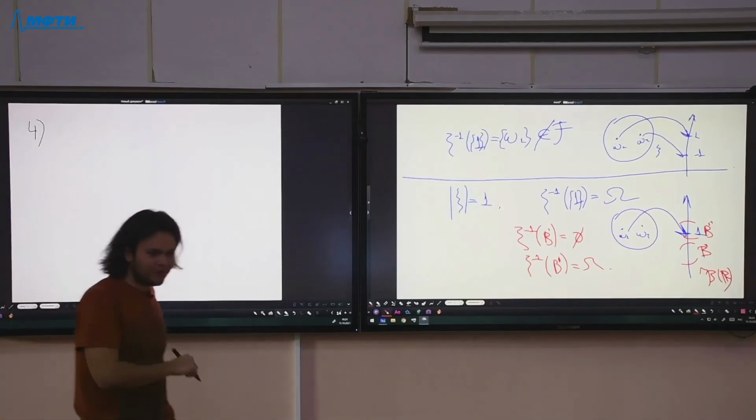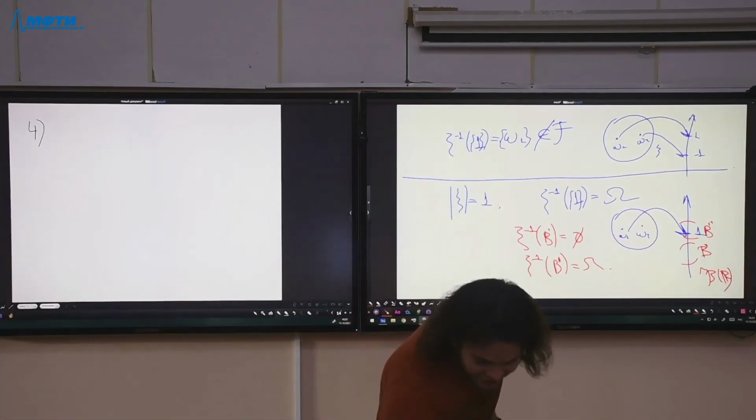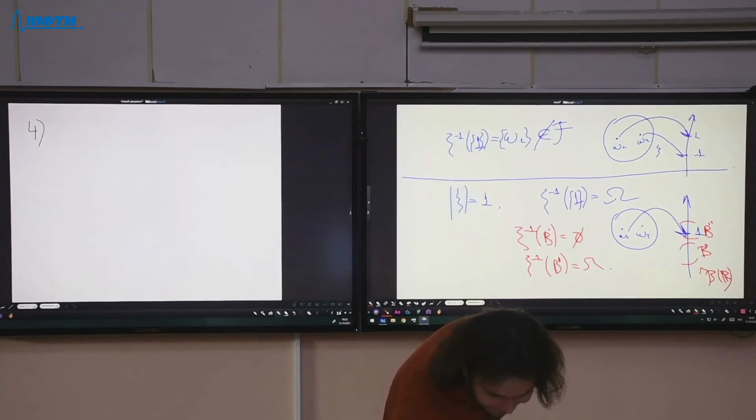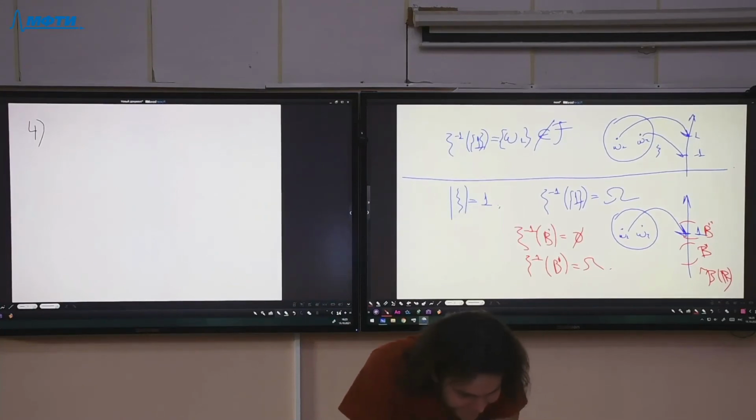And this becomes more interesting. Right? Now, we have some PDF, and we have to find the CDF.